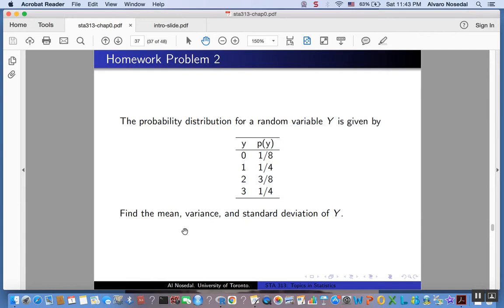That's why we take the square root of the variance and find the standard deviation, because that gives you a measure of variability in terms of the original units of the random variable of interest. Here I just want to remind you how to find the mean and the variance for a discrete random variable.